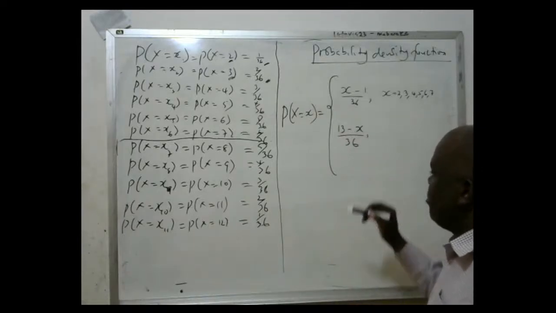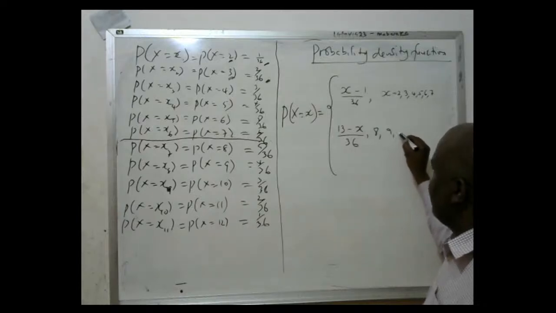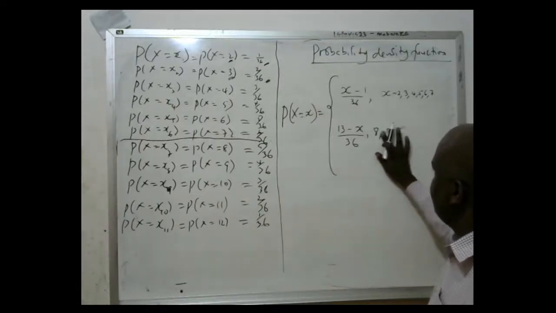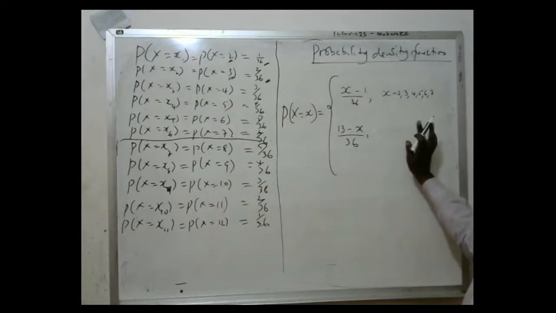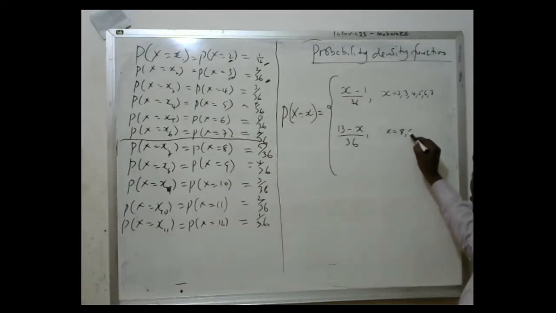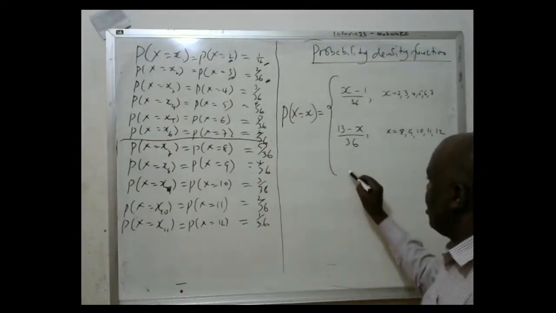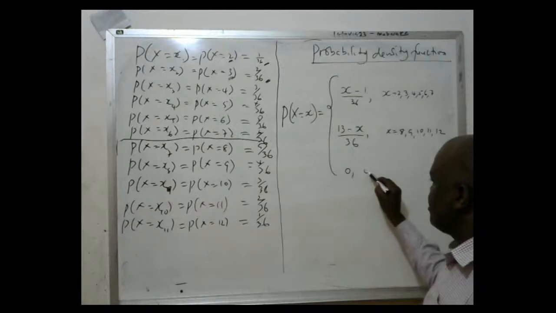So it takes on values for x equal to 8, 9, 10, 11, and 12. This is a probability density function, and 0 otherwise.